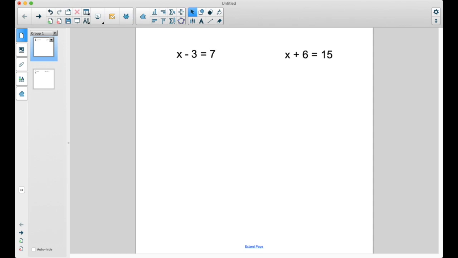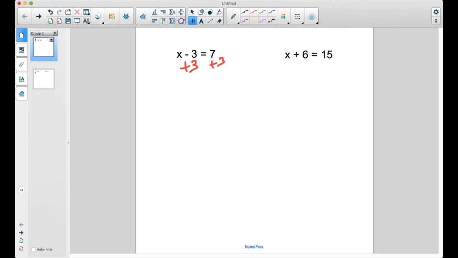So we're going to add 3 to the left side. Now, what we do to one side of an equation, we will also have to do to the right side. So since I've added 3 to the left side, I'm also going to add 3 to the right side.